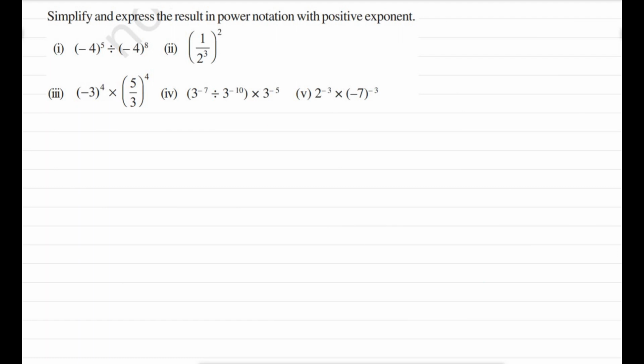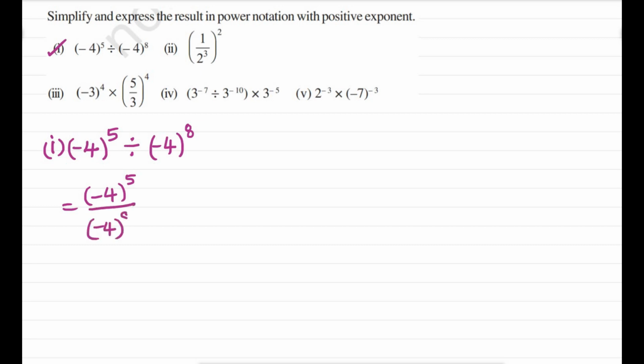Let's solve these problems. Let us solve the first one. The first one is minus 4 whole to the power of 5 divided by minus 4 whole to the power of 8. How can we solve this? First write it in fractional form: minus 4 whole power 5 by minus 4 whole power 8.